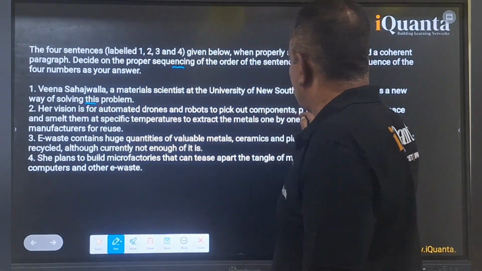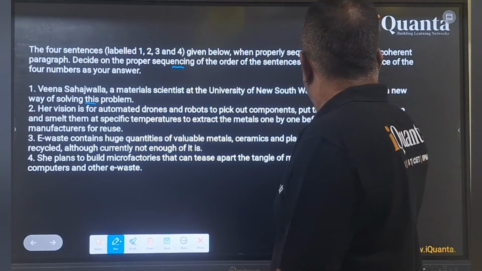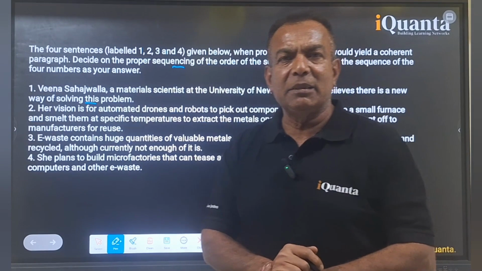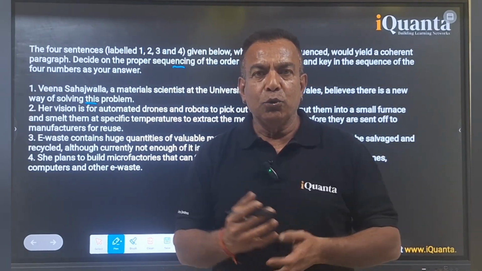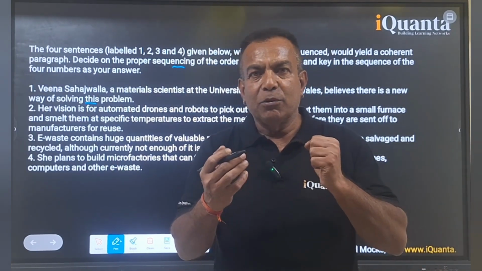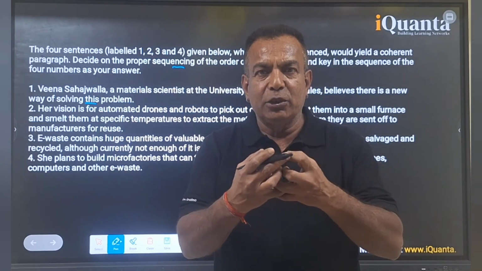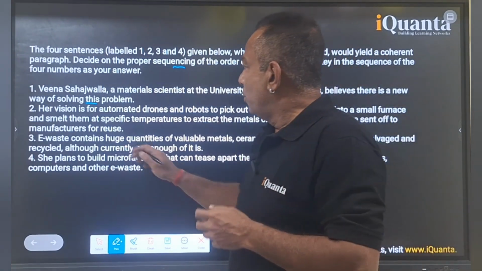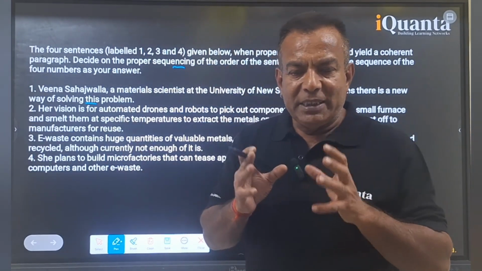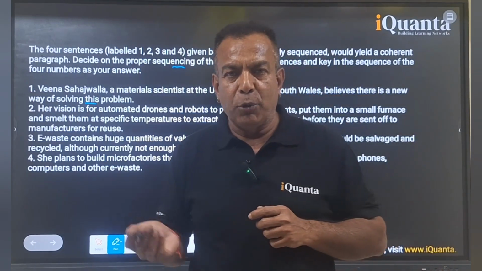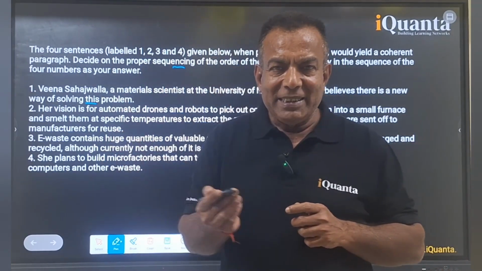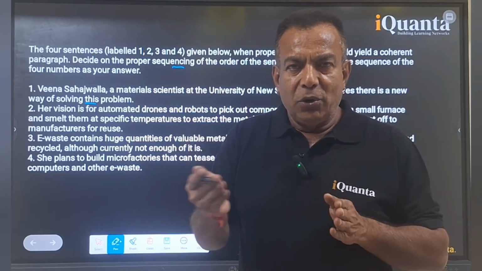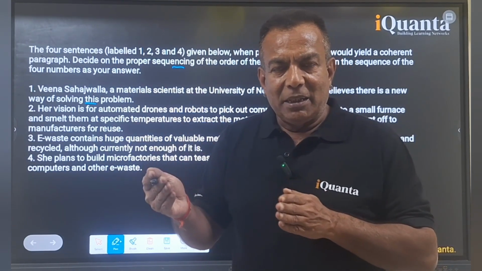They can pick those components and put them into a small furnace and smelt them. Smelting is basically applying heat to a group of metals that are entangled together. एक साथ बहुत सारे metal हैं, they are entangled. So smelting provides heat, and every metal has a different melting point. So as the metal melts, it's extracted. When you keep heating it, all the metals slowly reach the melting point.